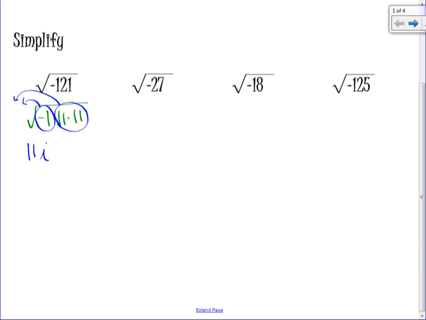Looking at this one, we've got -1, and then 3, 3, 3. We take out what we can, which is a 3 and an i. So we've got 3i root 3.